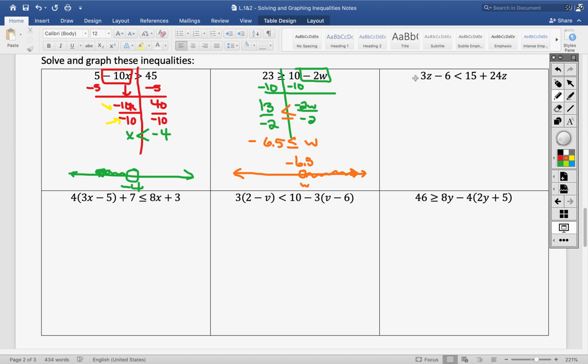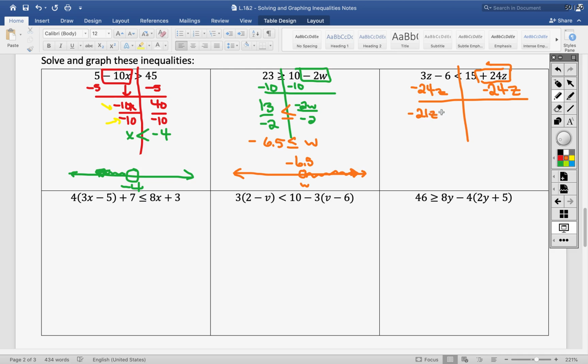Okay, this one has variables on both sides. So remember you're going to move your variable term to the left by doing the opposite operation. Now, I used to tell people move the smaller one, but you know what? When it comes to inequalities, for some reason, students really prefer to have the variable term on the left. So, I'm flexible.